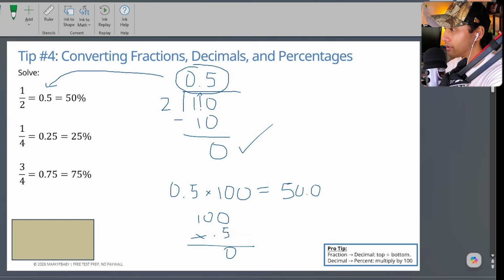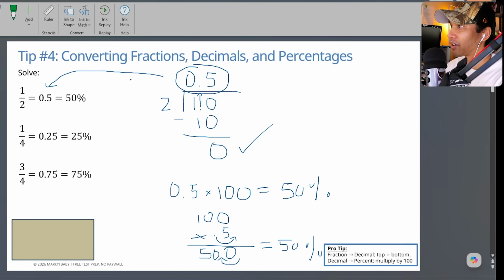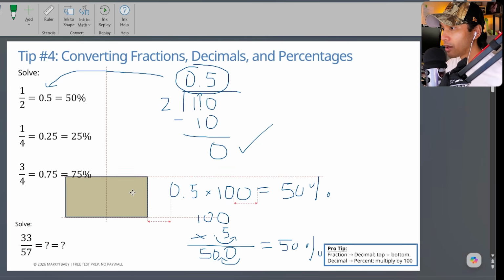What is 5 times 0? 0. 5 times 0 again? 0. 5 times 1? 5. Move this decimal. And now you get 50.0 or 50% in this case. Let me just write that out for you guys. All right. We are tracking. Are we tracking? I hope we're tracking. That's how you convert fractions, decimals, and percentages. Tip number 4.